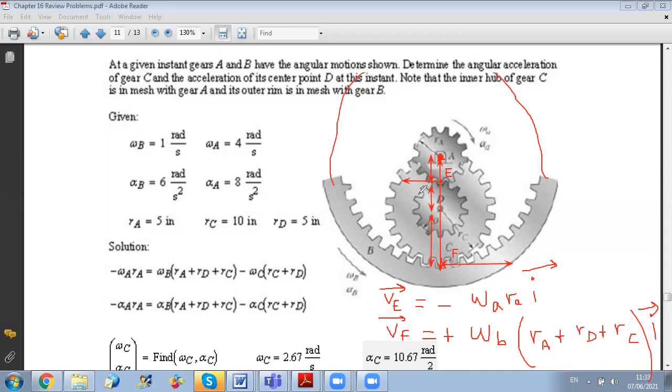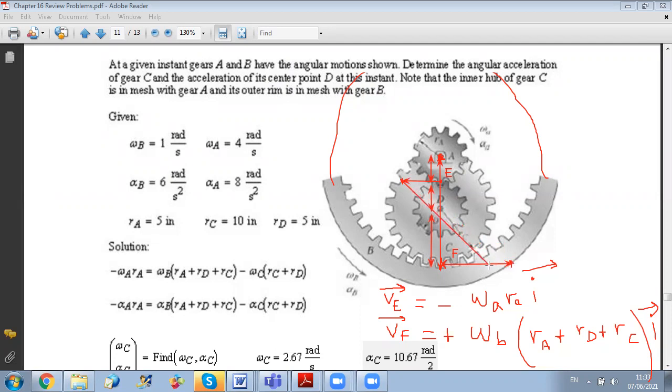Let us try both. If you want to use the instantaneous center method, you should join the extremity of VE to the extremity of VF. If you remember, when we did the course analysis, we said that we should find the position of the IC.